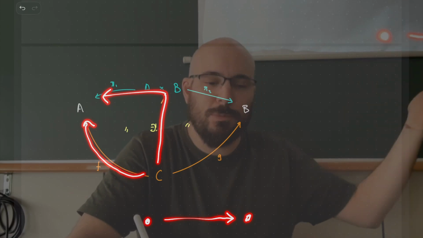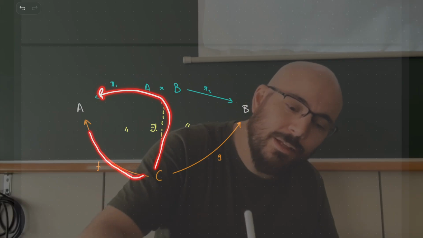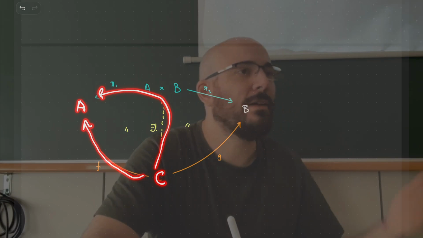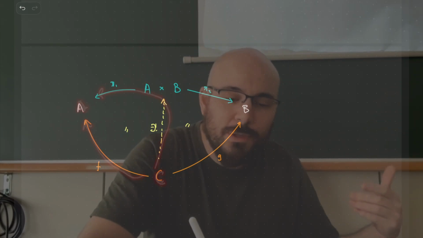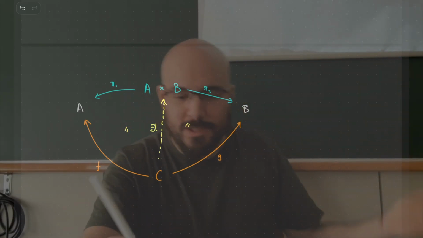So how could you break commutativity? You would break it if this arrow was different than that arrow. But in the integers, this cannot happen. It's a thin category, right? From C to A, there is only one arrow, so you get commutativity for free there. It's automatic. Here, no, because it's not a thin category.